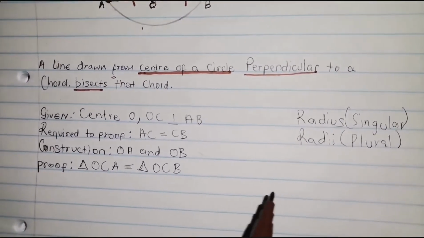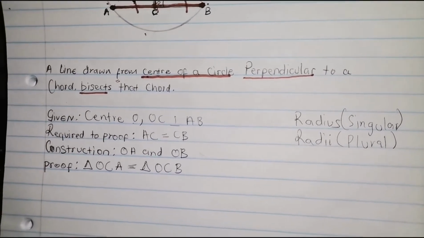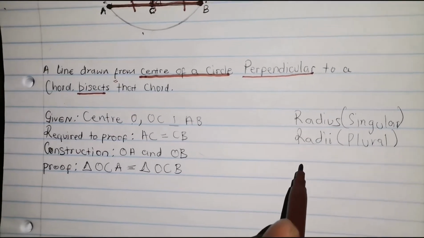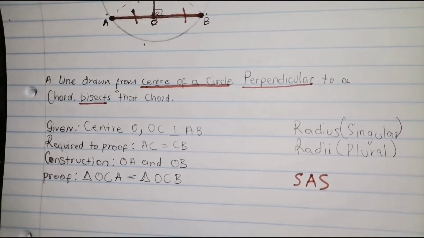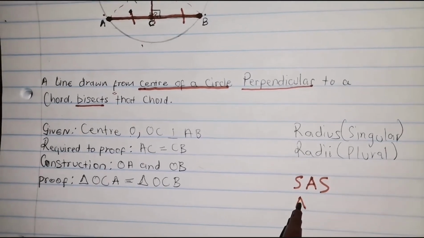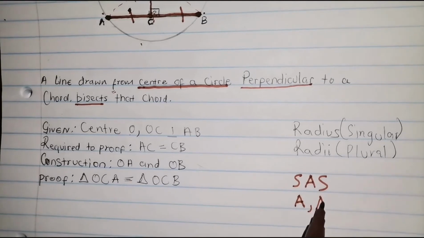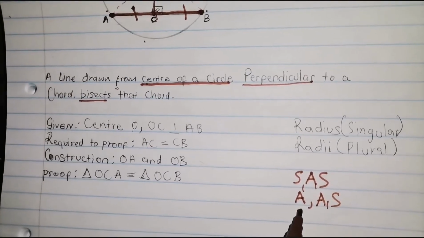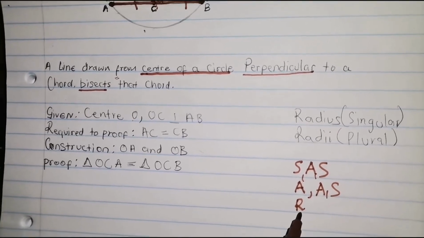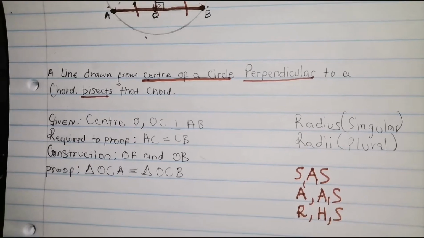So when we have 3 sides, let me just list the conditions of congruence. When you have side, angle, side from both triangles. When you have angle, angle, side. When you have right angle, hypotenuse, side, R for right angle.